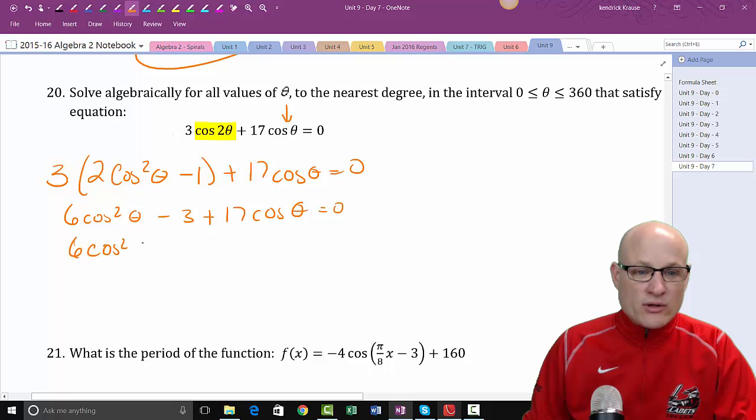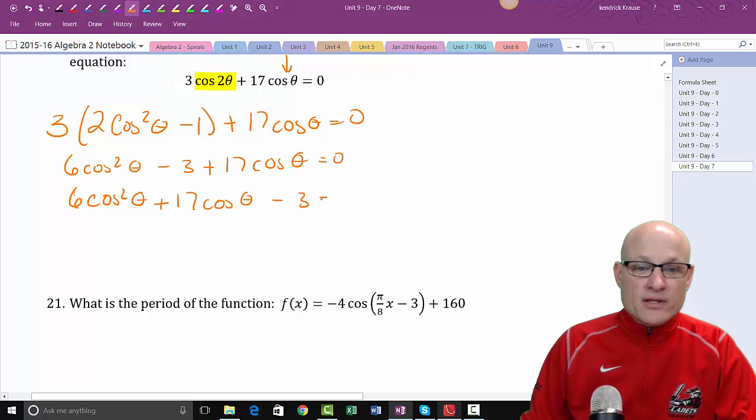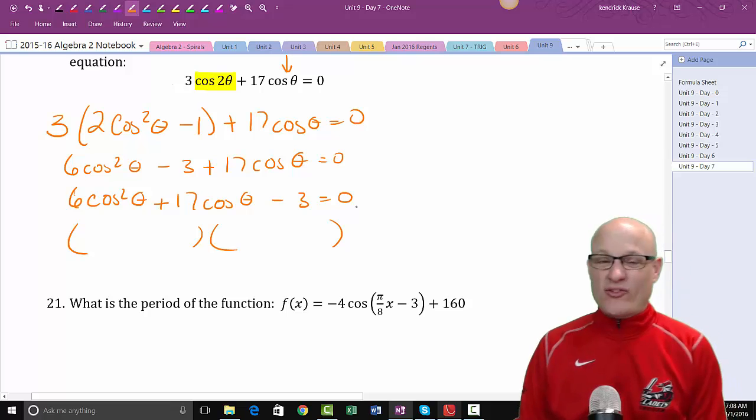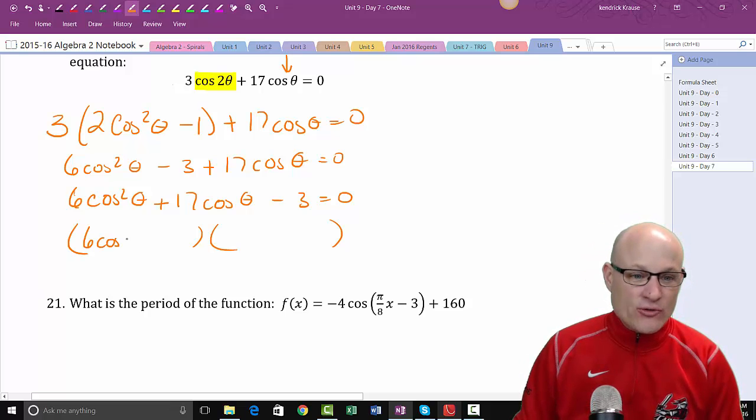6 cosine squared theta. How many of y'all saw that when you're doing it and fixed it before? So you don't have to write this line twice. I would have. 17 cosine theta minus 3 equals 0. Now how many of you at this point realize before you even do anything that 3 times 6 is 18, which is really close to 17. So I'm going to leave this as 6 cosine theta and cosine theta.